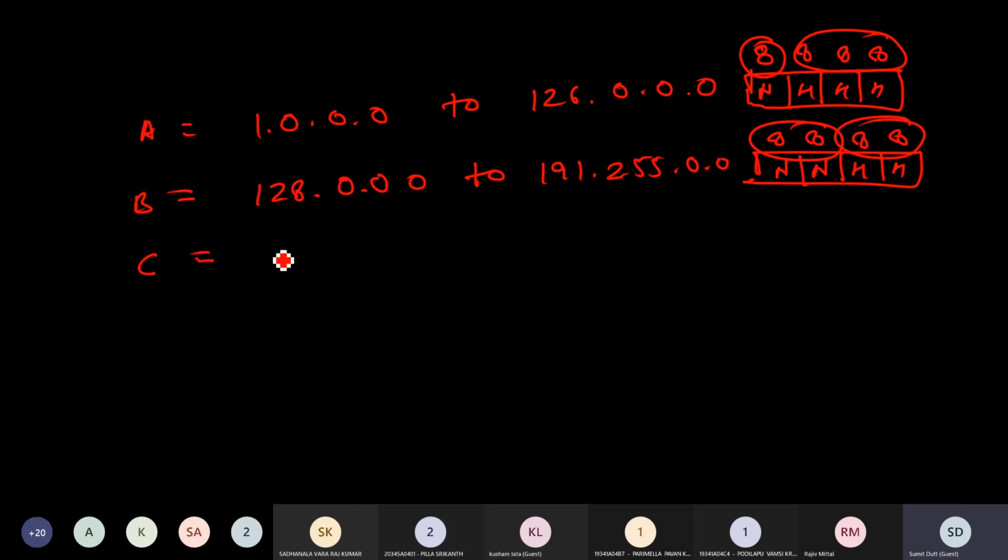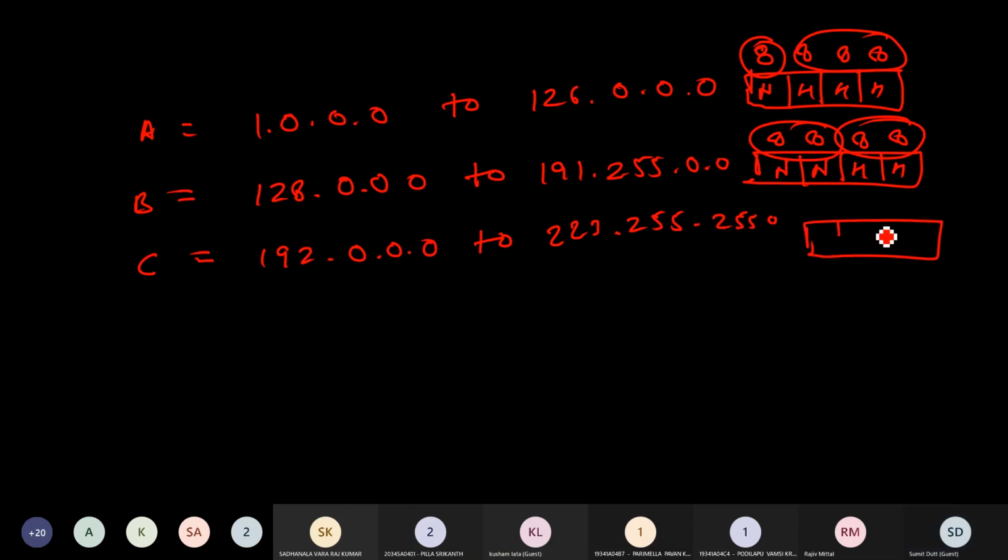Now if we say class C, it is 192.0.0.0 up to 223.255.255.0. So it will be network, network, network, and host: 2 to the power 24 network bits and only 8 bits in host.